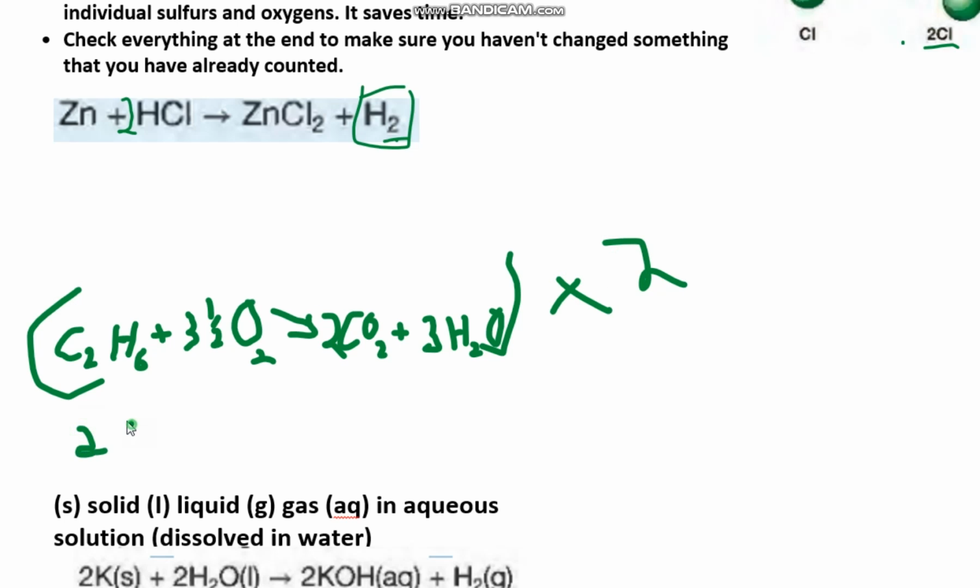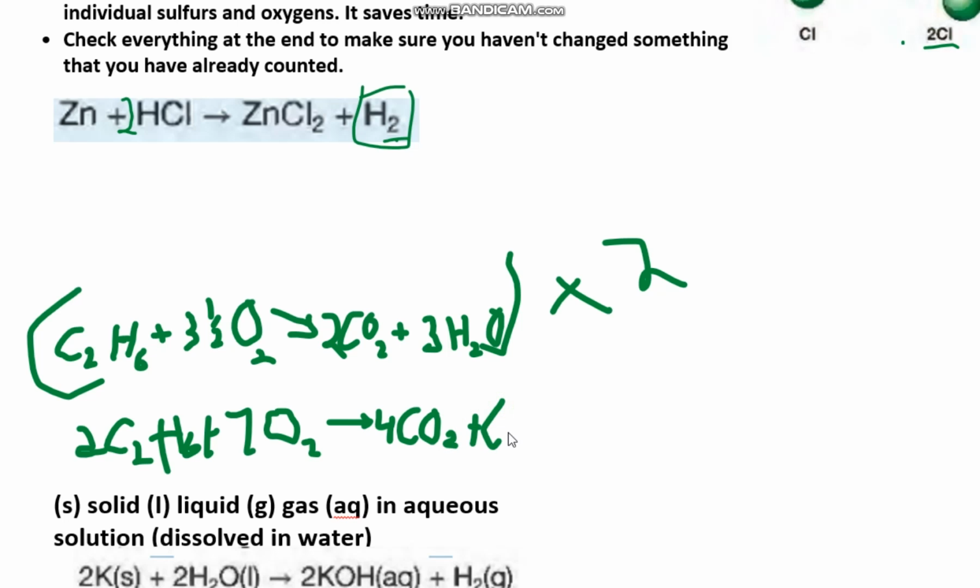So this will go like C2H6 plus 7 O2 gives 4 CO2 plus 6 H2O. So this is your final equation, and you have to make it a whole number. All the coefficients should be whole numbers.